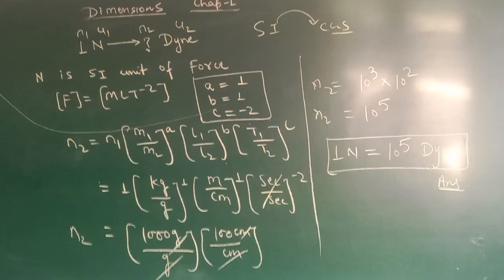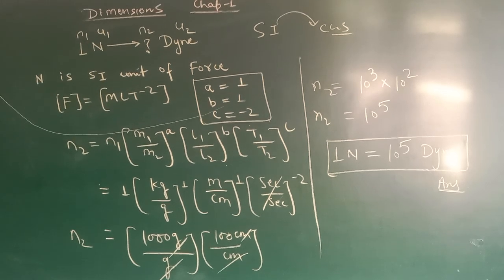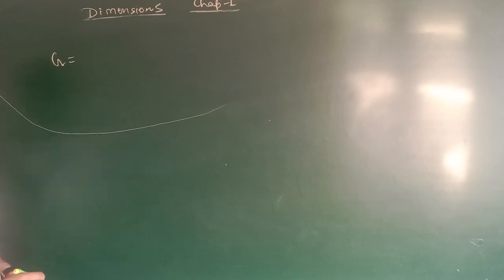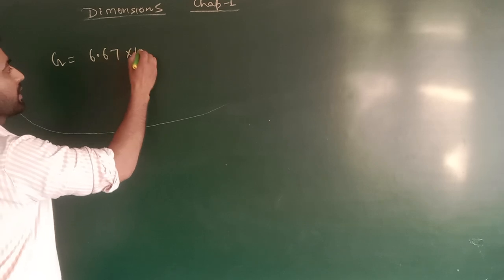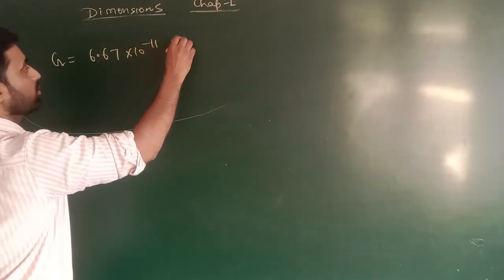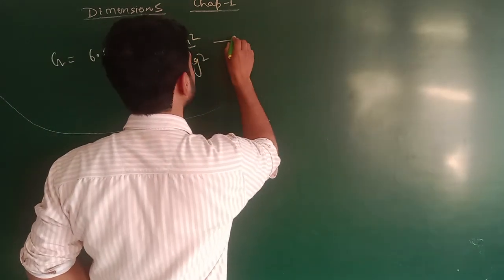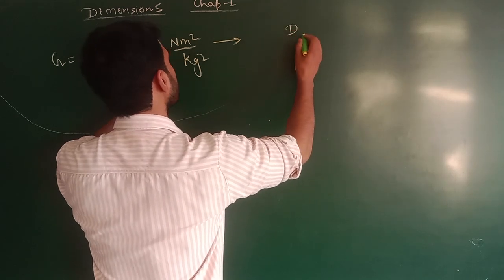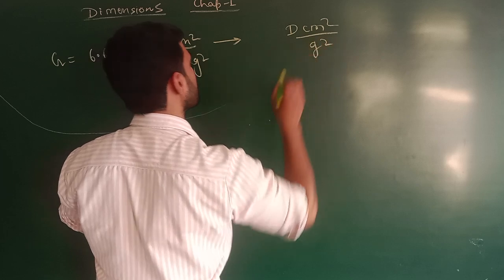Next question is, let me read it first. Convert G, that is the universal gravitational constant, whose value is 6.67 times 10 to the power minus 11 Newton meter square per kg square, to CGS, that is centimeter square per gram square.